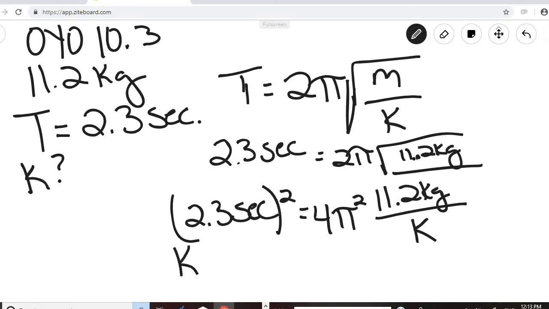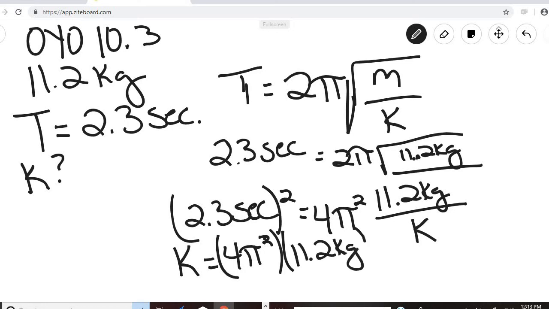So k is equal to 4 pi squared times 11.2 kilograms, divided by 2.3 seconds squared. Square that, and that will give us k.